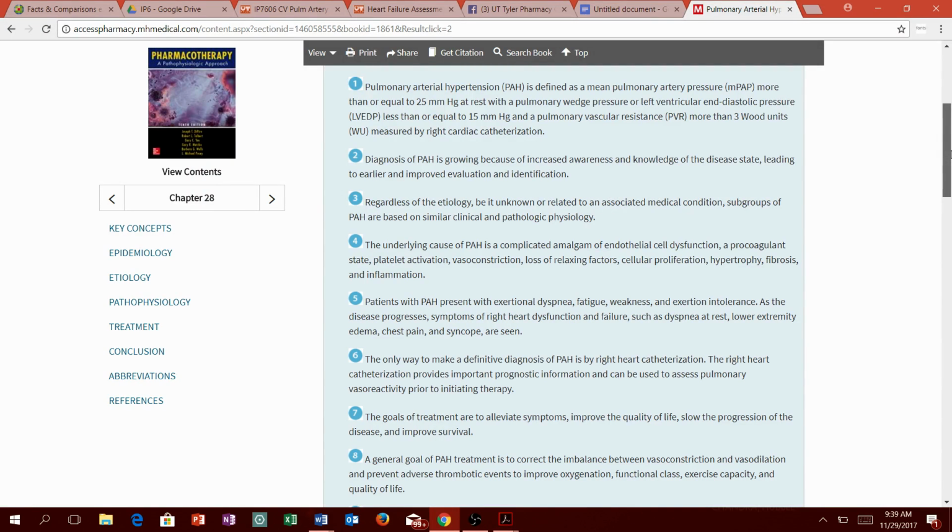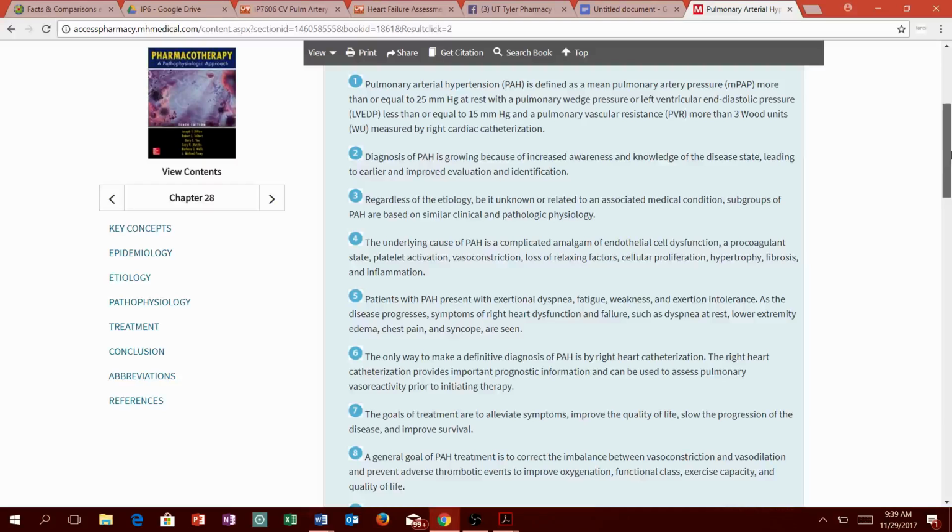As far as documentation goes, depending on how much you think the patient is pitting, you can put +2 or +3 pitting edema bilaterally or unilaterally on the left side, or bilateral lower extremity edema +2. Either one of those is appropriate, as long as you have what the criteria is: +2, +3, is it bilateral or unilateral, and then the fact that it's edema.